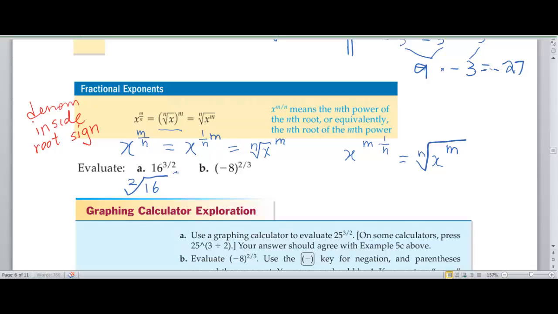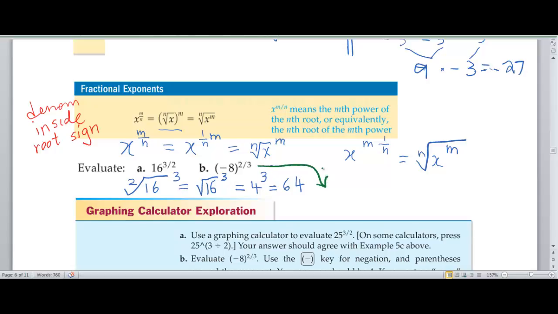It's much easier to put the 3 on the outside, so technically it's written like this. You can put the 2 there, but we don't need to. I know the square root of 16 is 4. And 4 cubed: 4 times 4 is 16, times 4 is 64. You can use your calculator if you don't know how to do numbers in your head. Okay? So that is 64.